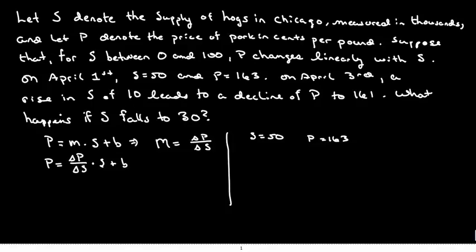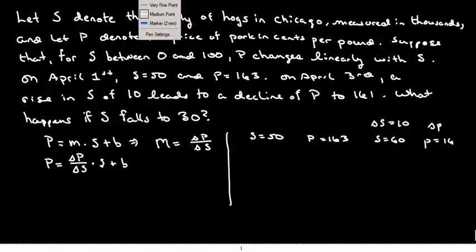Now, if we increase S by 10, so a change in S of positive 10, S equals 60, this rise in S of 10 leads to a decline in P. P goes from 163 to 161. So our change in P is equal to -2.